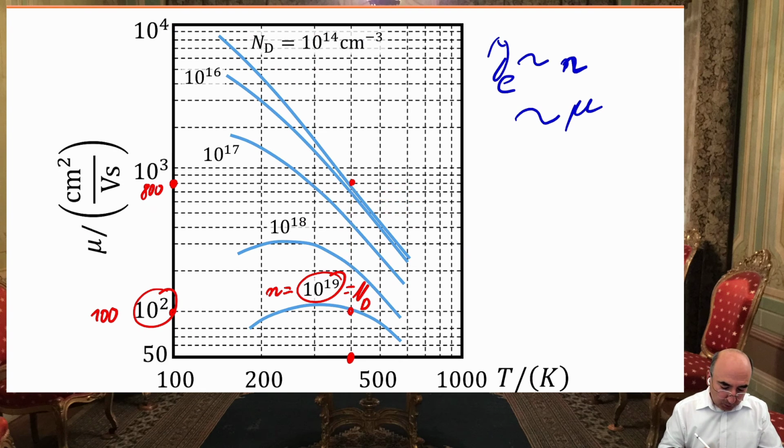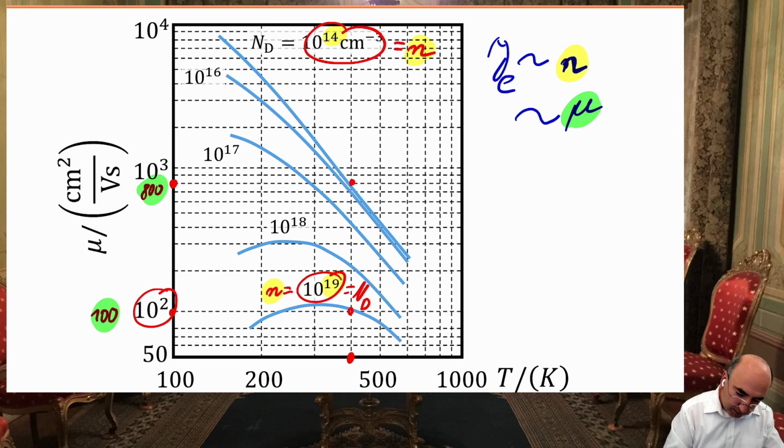How much is the doping concentration changed? So this is your N. Don't forget that. This is your N, and here, this is your N. And now let's go to green. This is your mobility.